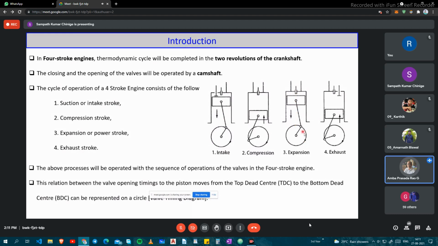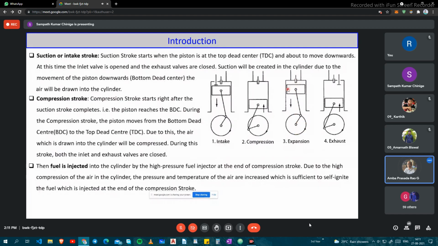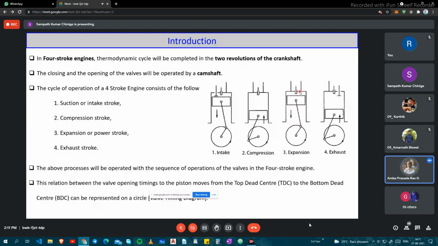Power is developed during this, and notice that both valves are closed here. Once the piston has moved from top dead center to bottom center, it has completed another 180, so 180 plus 180 plus 180, that is 540, from the beginning of suction to this point.